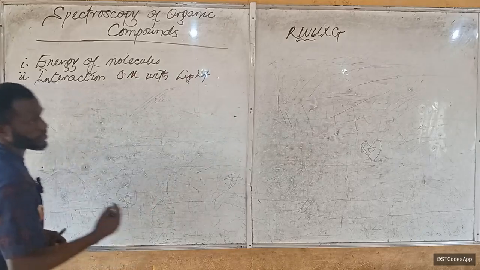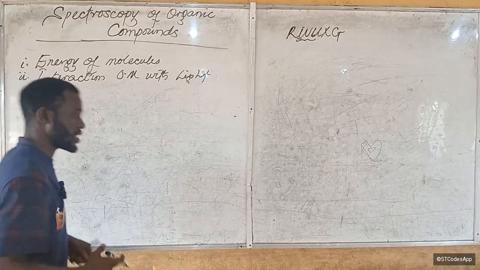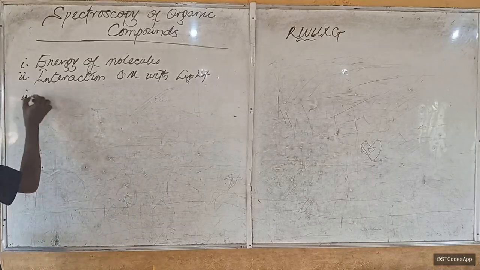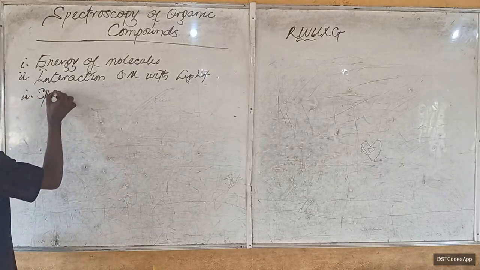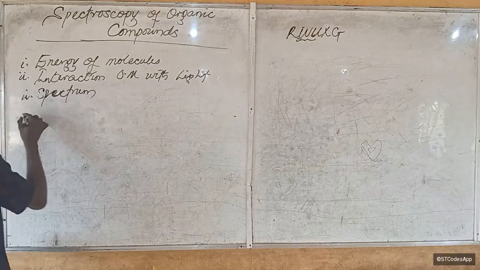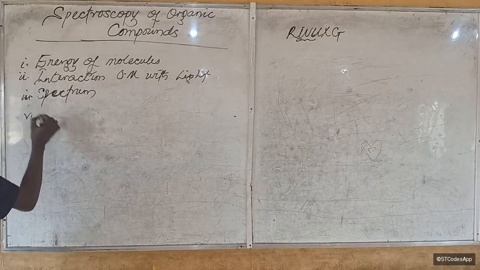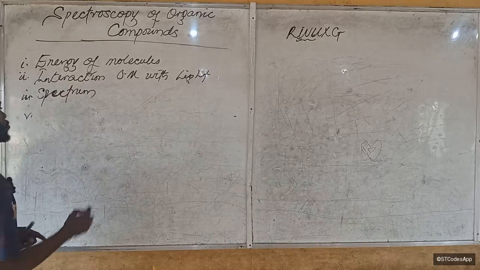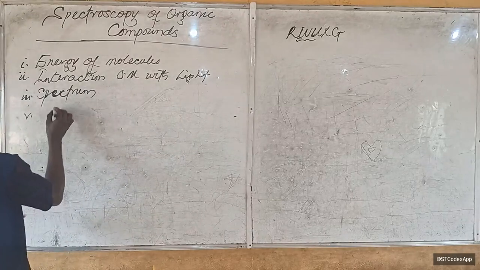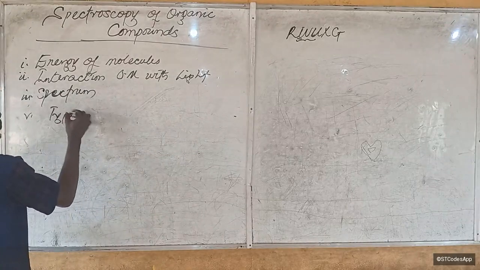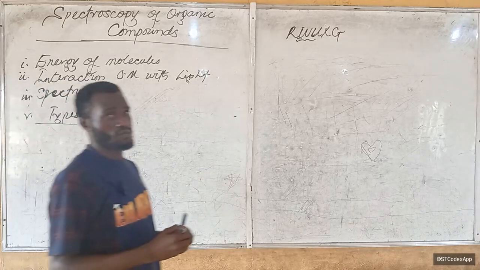Then before we talk about the spectrum and how it works, we'll talk about the types, okay? Once you understand these three, then you understand what we want to talk about under spectroscopy. There are two types of spectroscopy that I said we'll be talking about. Okay, so let's first talk about the energy of molecules.